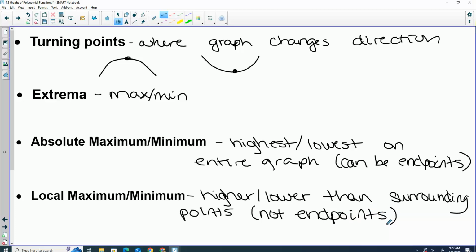Those don't include endpoints because endpoints don't have things on both sides.